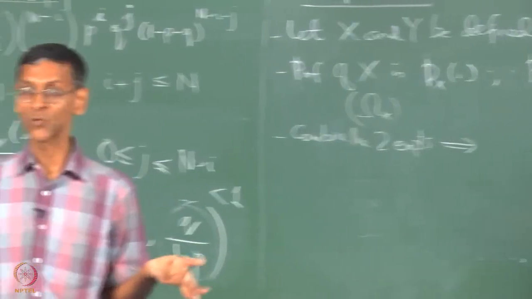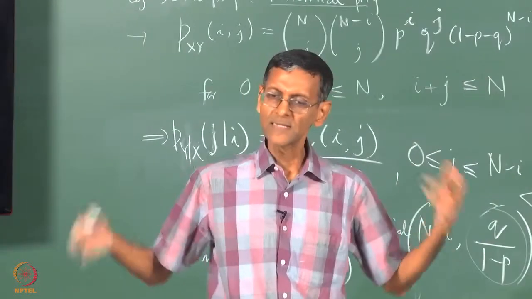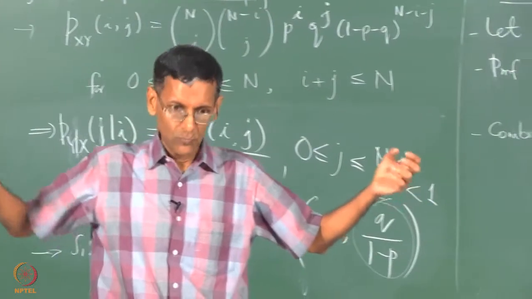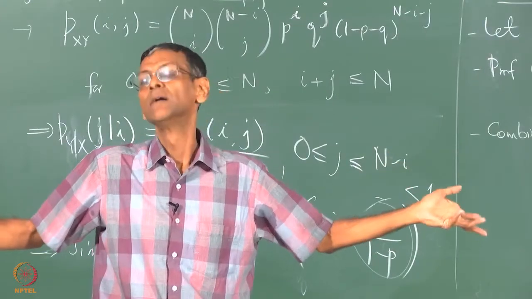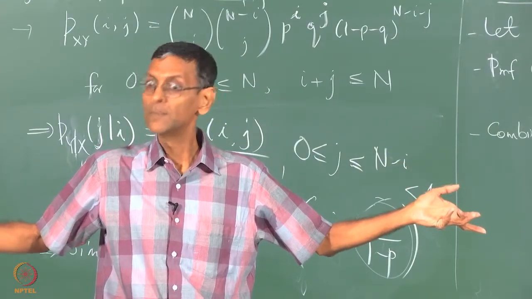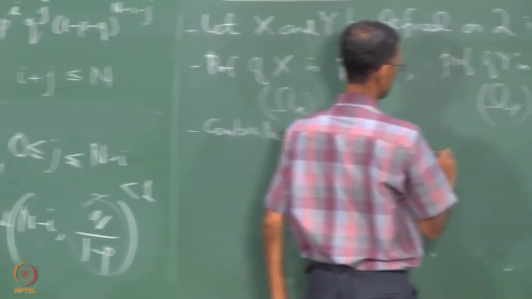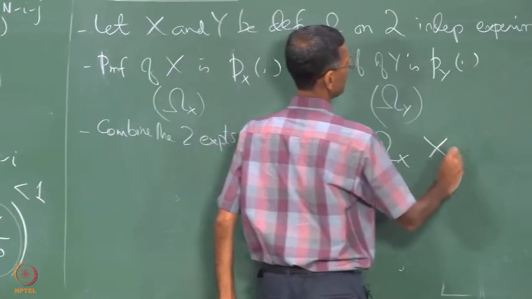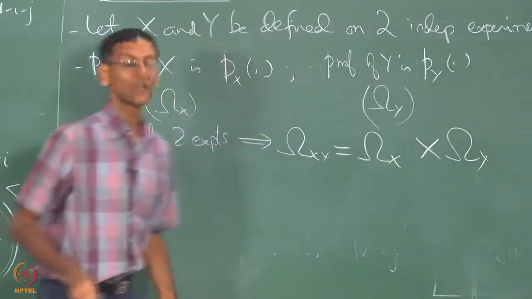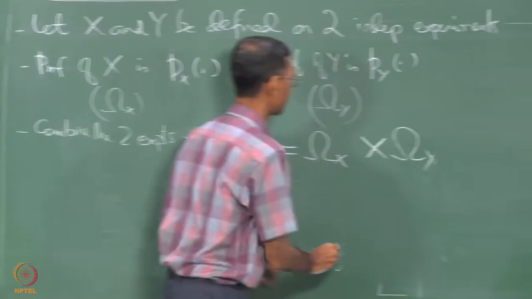Always omega X cross omega Y, because in this case the one experiment does not in any way constrain the other, because they are independent. So omega XY must be omega X cross omega Y. So you have a nice rectangular grid of points in omega XY.